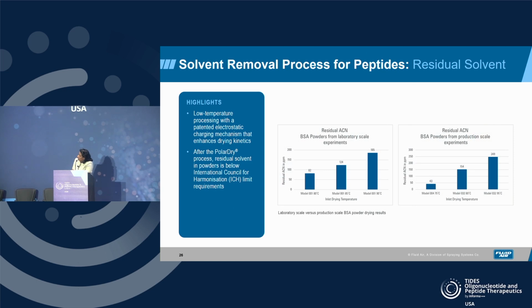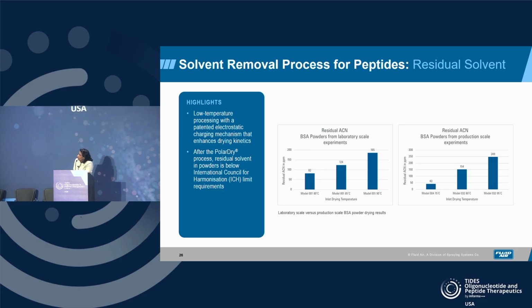Because it's a single-step solvent removal, we also demonstrated that using electrostatic drying, the residual solvents in the powders can be below those requirements set by ICH. We did this using ACN as our example and BSA as a surrogate.